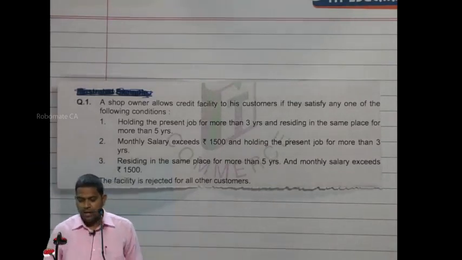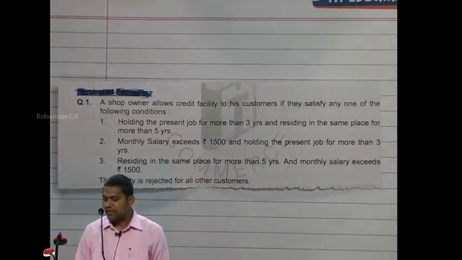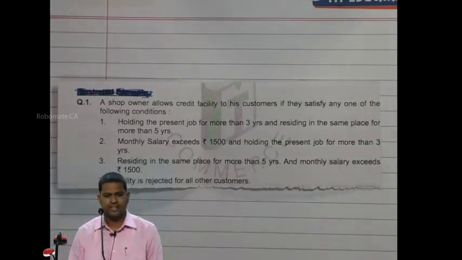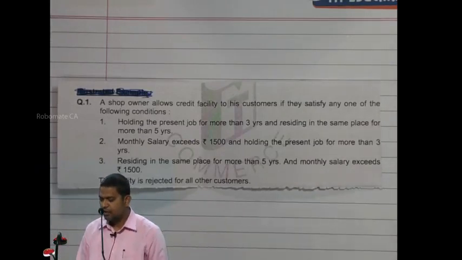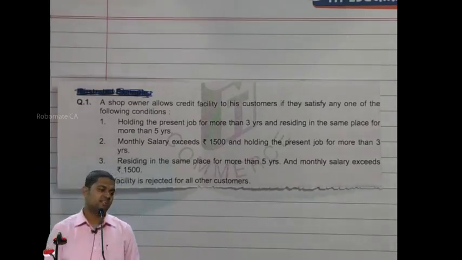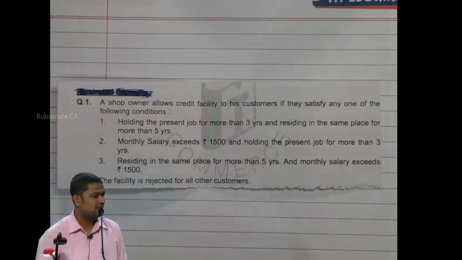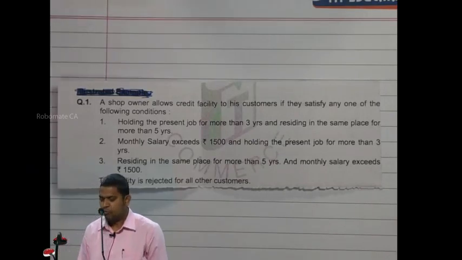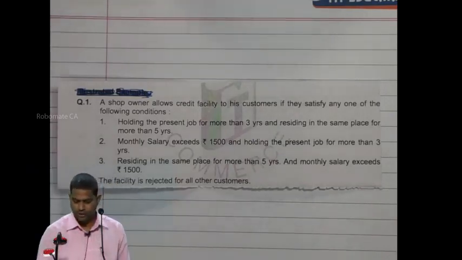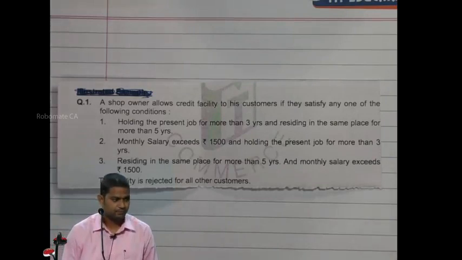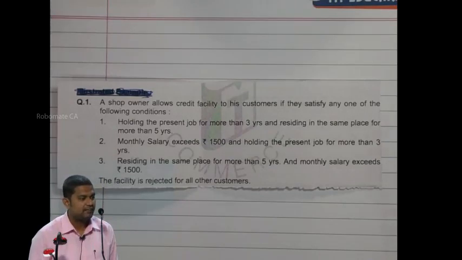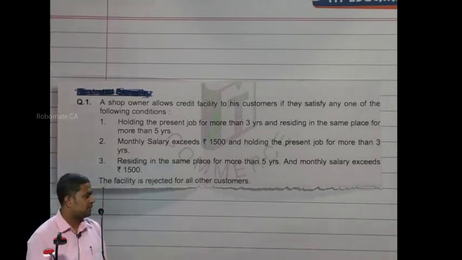First things first, a shop owner allows a credit facility to his customer if they satisfy any one of the following conditions. Any one condition has to be satisfied. Number one, he has to hold a job for 3 years. That means he should be permanent somewhere, or a stable person, for more than 3 years, and he should be residing in the same place for more than 5 years. This is the first condition.